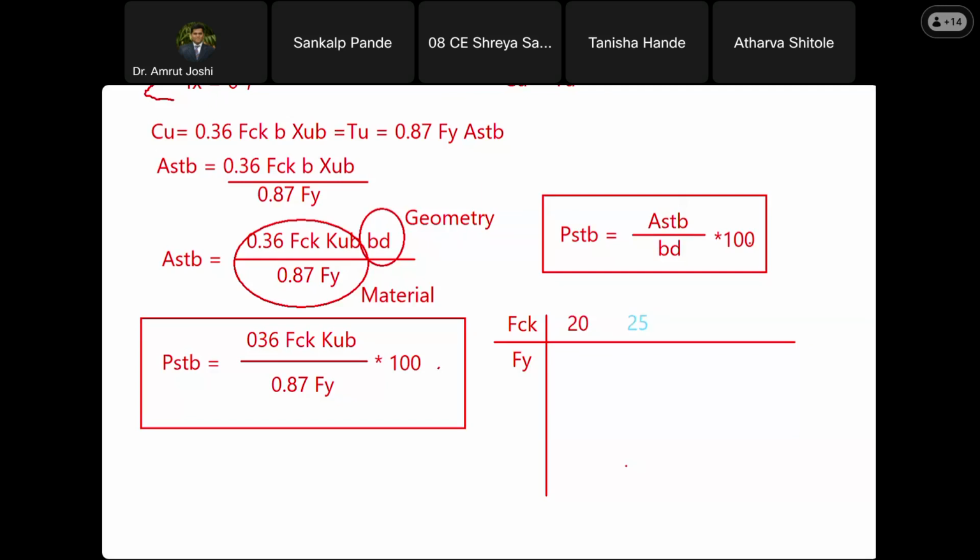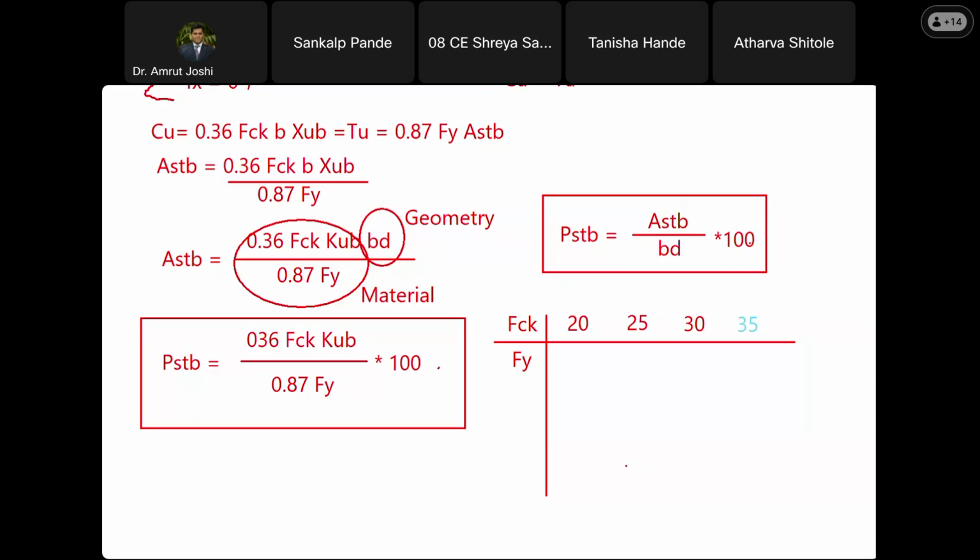This is what we have considered till now. Am I right? Or we have considered 35 and 40 as well. Shreya, can you check the previous table and tell me? Sir, we have taken 35 and 40. So let us take 35. And we have started with 20, right? Yes, sir.